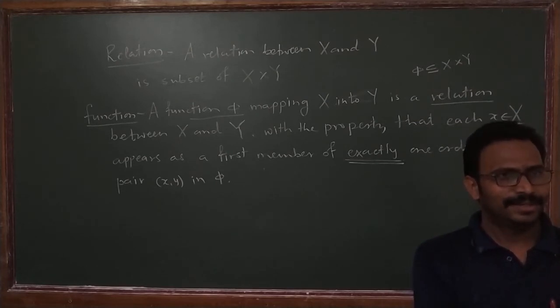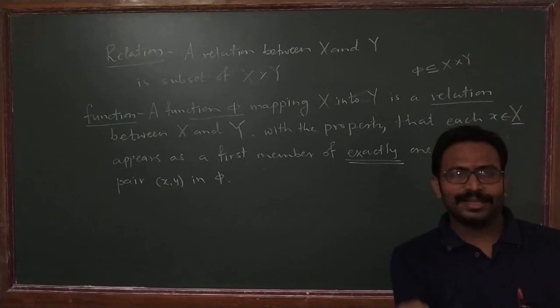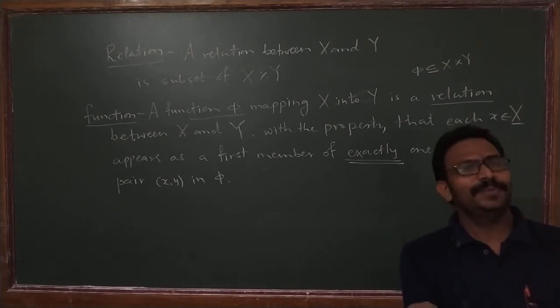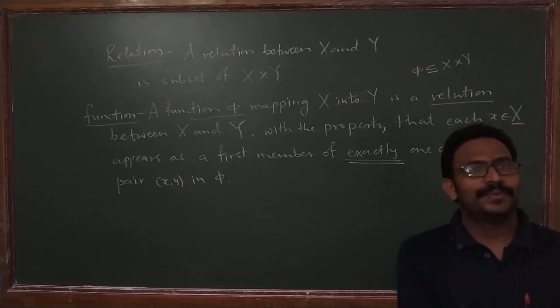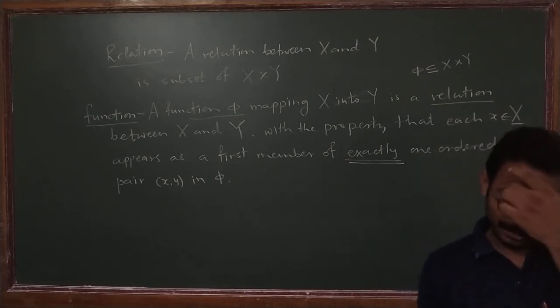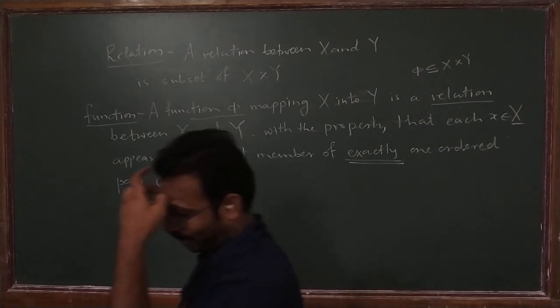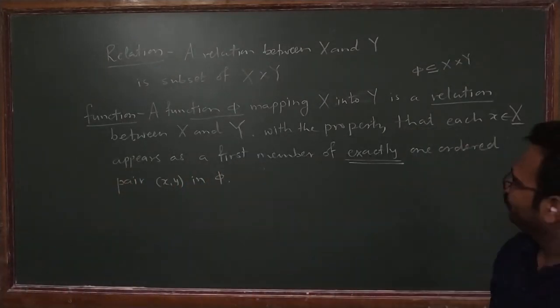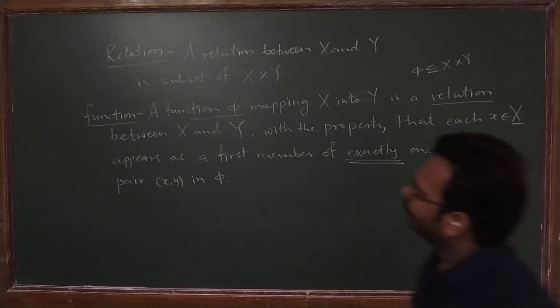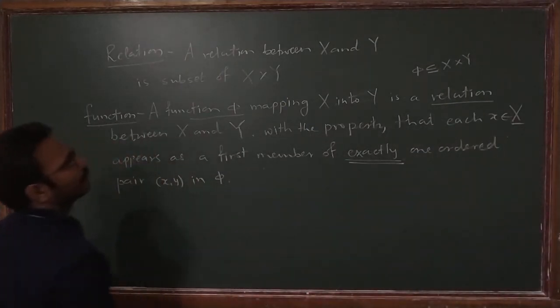Right? So if x has image y, there should not be any ordered pair with x having image y dash. Such a case should not be there, we cannot call it a function then. Okay? So this is the definition of a function.